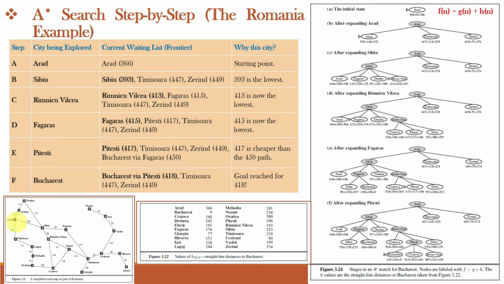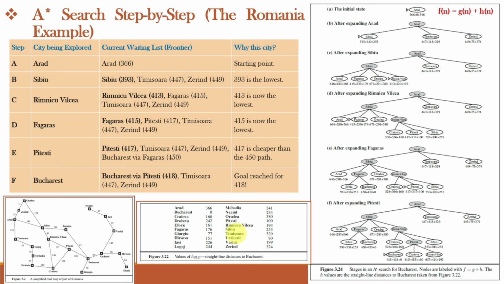Now we look at its neighbors: Sibiu, Timisoara and Zerind. Sibiu will have g of n of 140 kilometers. You can see the distance from Arad to Sibiu. The distance traveled so far is 140 kilometers, plus h of n from this table, right?